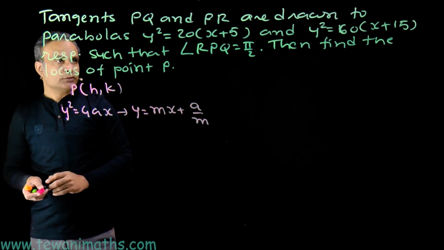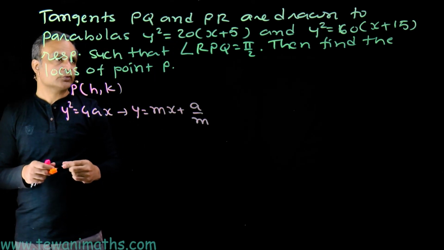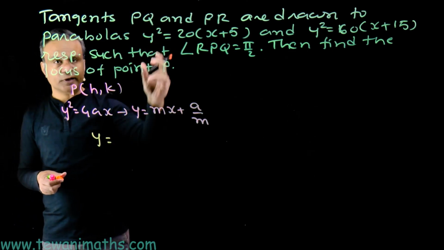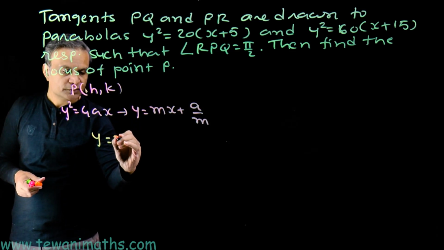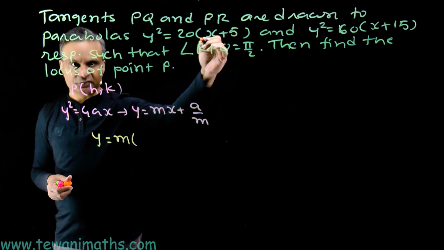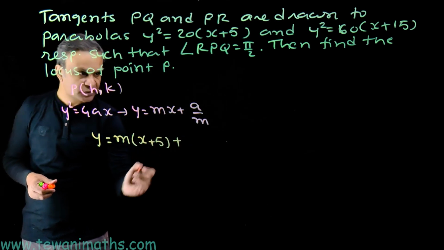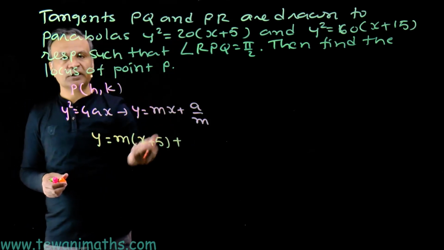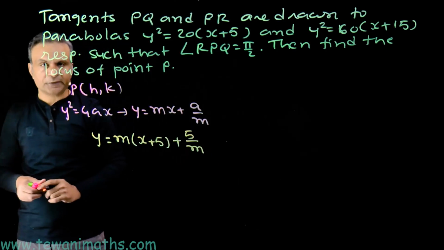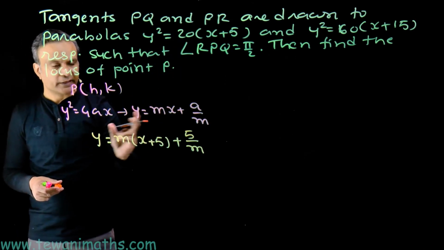So for this parabola, the equation of tangent having slope m will be y is equal to m multiplied by x plus 5, where we replace x with x plus 5, plus a, and the value of a is 5, so we have 5 over m. This is the equation of tangent to this parabola having slope m.